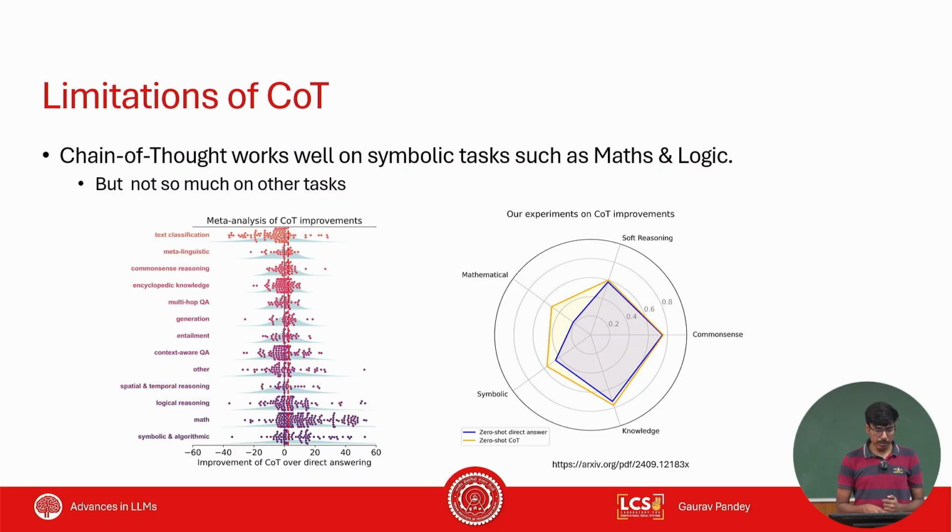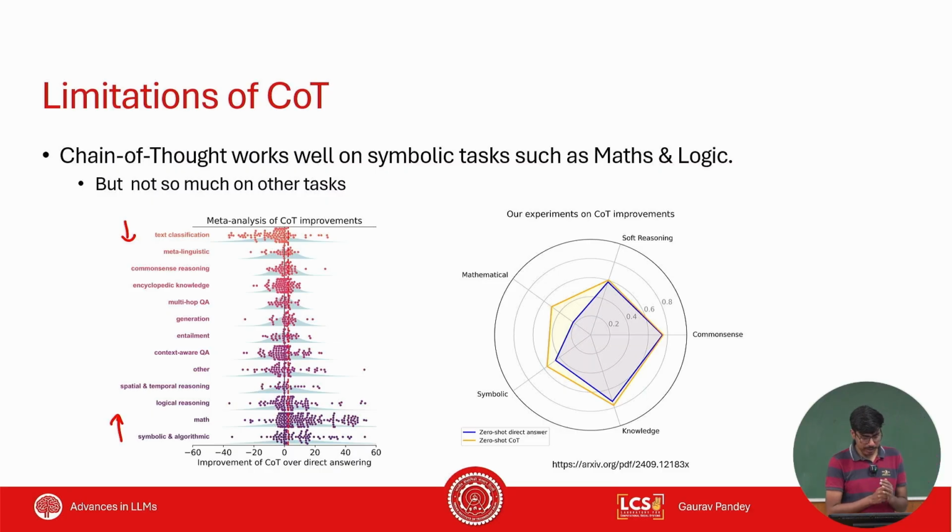So the idea is that these chain of thought approaches work well on math and logic. If you say let's think step by step, the model's performance improves drastically on maths tasks. But if you look at the performance for text classification, the performance actually drops. There is a drop in performance here. So in maths and symbolic and logic, the performance improves.